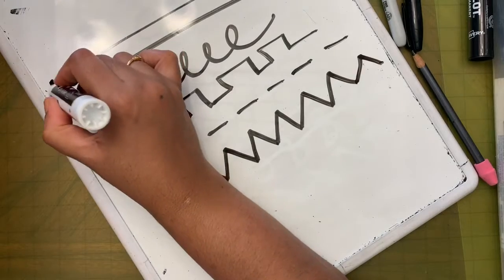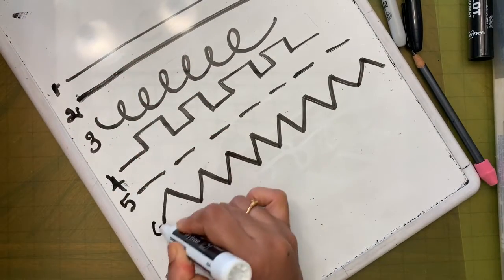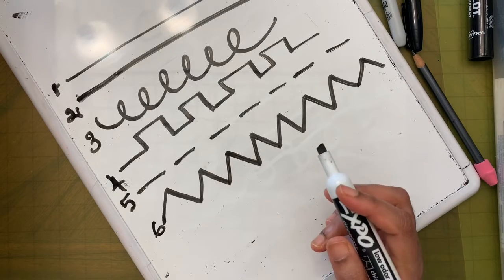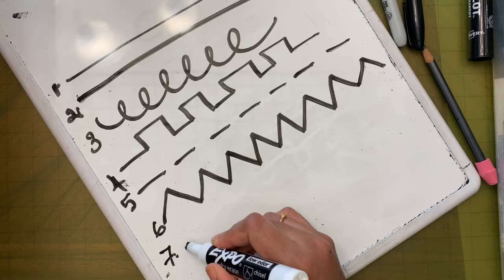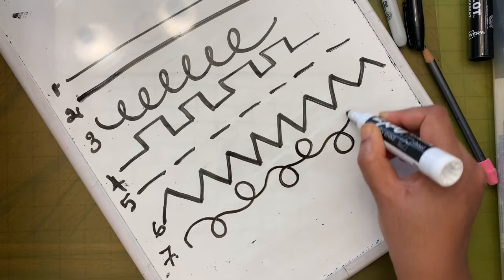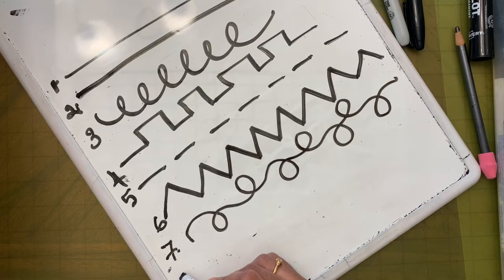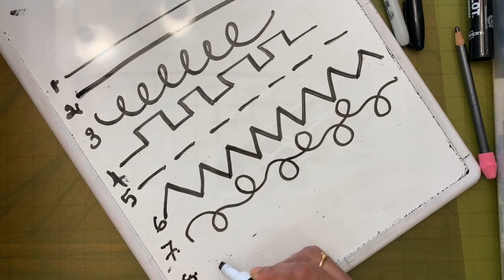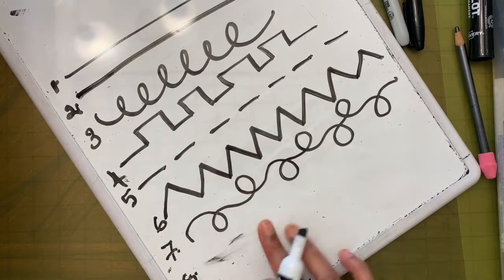So how many lines do we have? 3, 4, 5, 6. Then we can have, like this, a different type of loop. Can you see? We can have that, which looks almost the same.